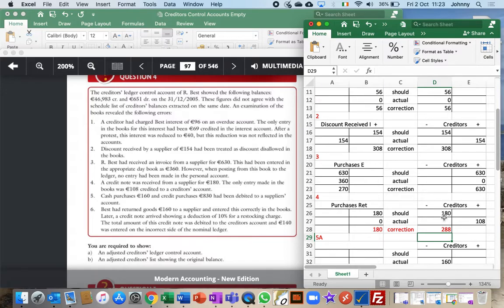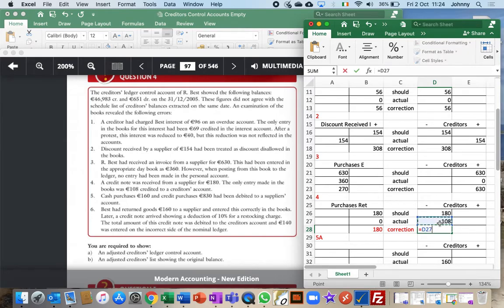If I had put, for example, 108 on the debit side, so we'll do that one now. So instead, if the question told me he put it on the debit side, not the credit side, well then to fix it, we want 180 to be there. We've put in 108 on the same side, so we've put too little in, so we'll need to add something to bring it up from 108 to 180.